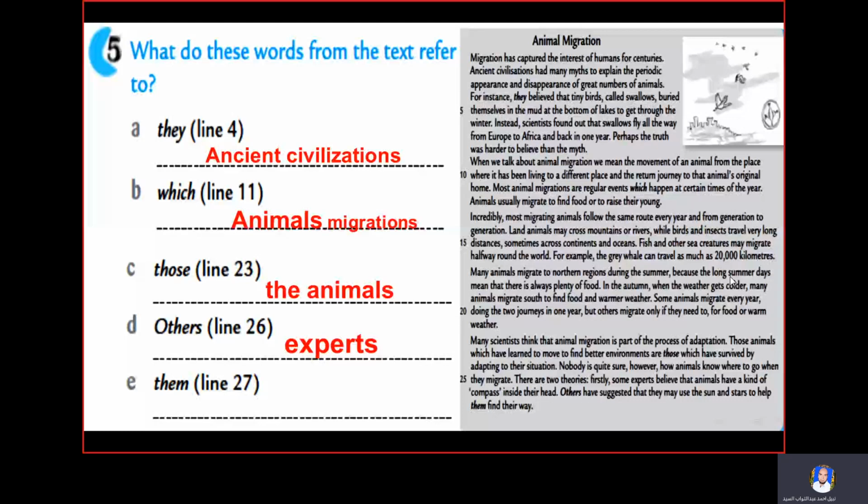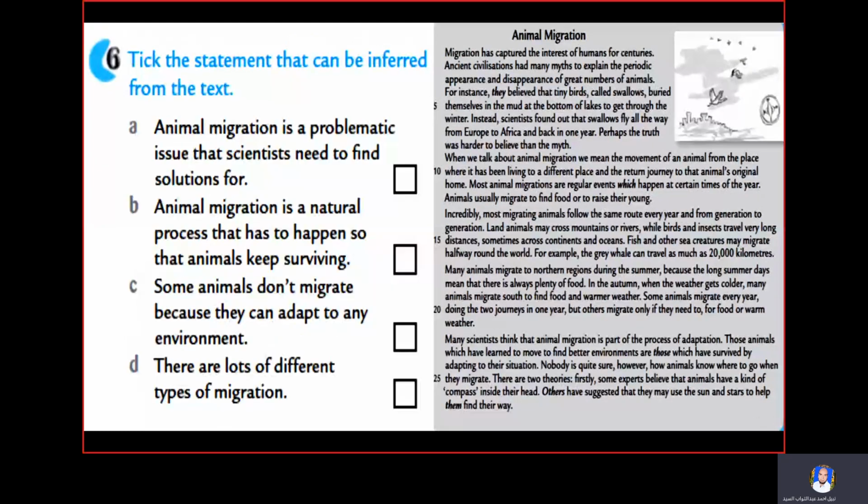Some animals do not migrate because they can adapt to any environment. There are lots of different types of migration. العبارة ممكن تستنتجها من النص. Animal migration is a natural process that has to happen so that animals keep surviving. هي عملية الهجرة هي عملية طبيعية، هجرة حيوانات حتى تبقى حية. Okay.